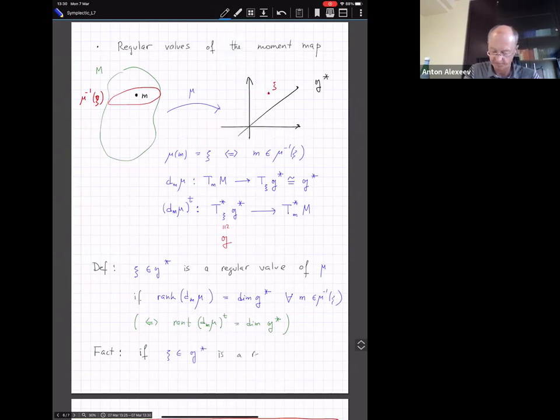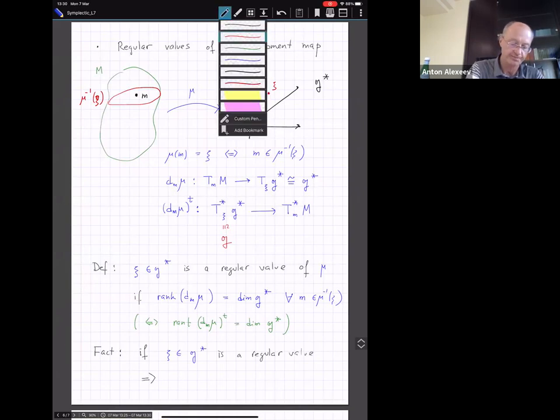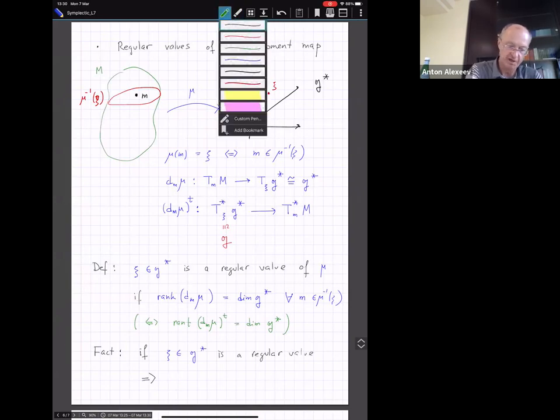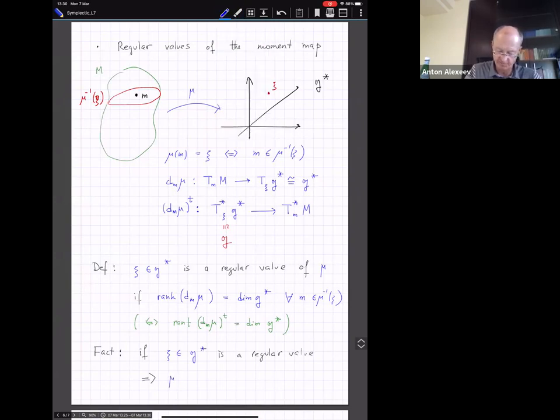Then the fiber, the preimage of psi, which is sitting inside M, is a submanifold.